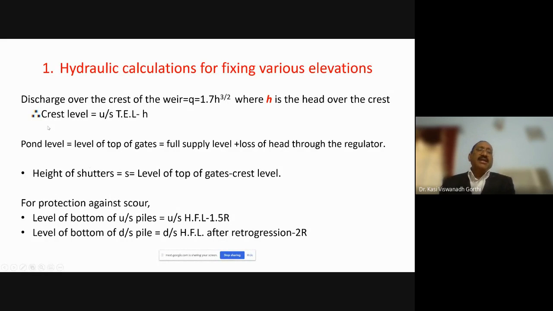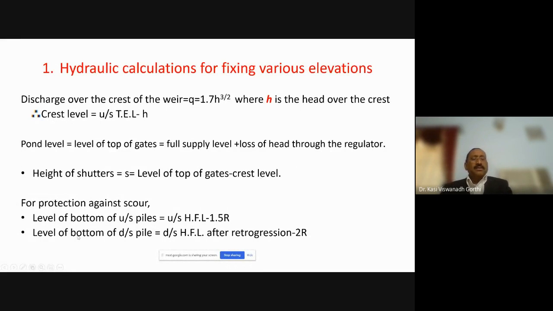The crest level will be upstream TEL, since it is known, minus h gives you the crest level. The pond level, which will also be equal to the RL of the top of the gate, would be equal to full supply level plus loss of head through the regulator. Height of shutters S will be equal to the level of the top of gates minus the crest level.